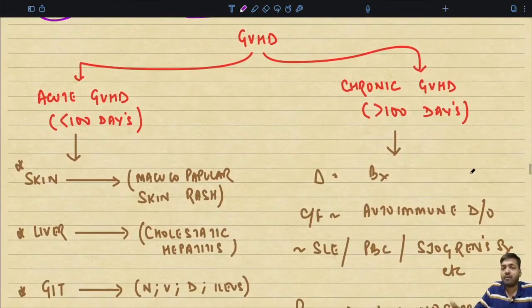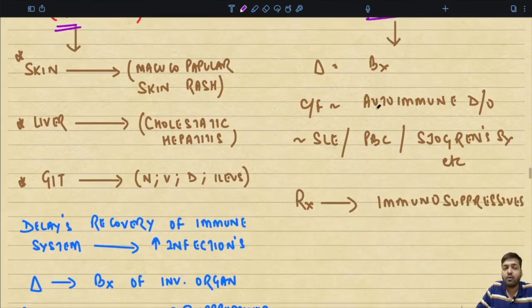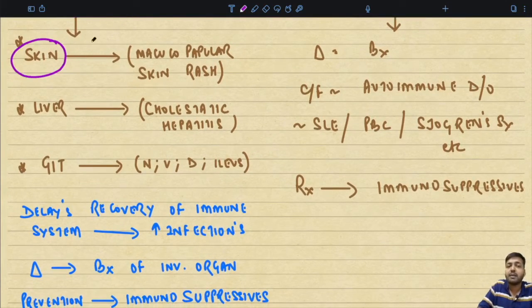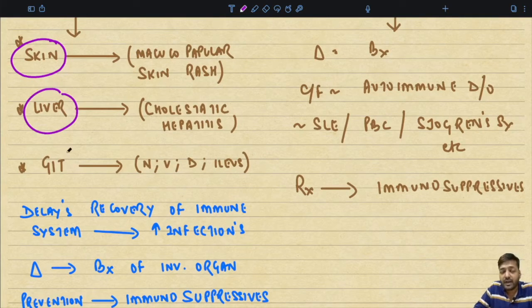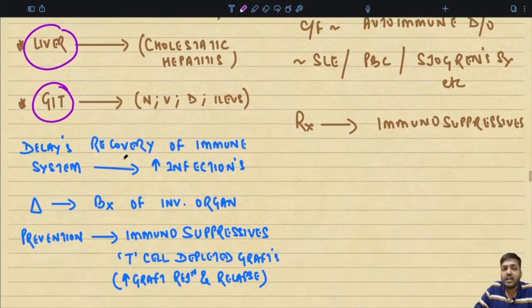If we look at graft versus host disease, again there are two types. One is the acute variety, which occurs in less than 100 days, and the chronic variety, which occurs in more than 100 days. So acute variety presents in the skin as maculopapular skin rash, in the liver as cholestatic hepatitis, in the GI tract as nausea, vomiting, diarrhea, and ileus.